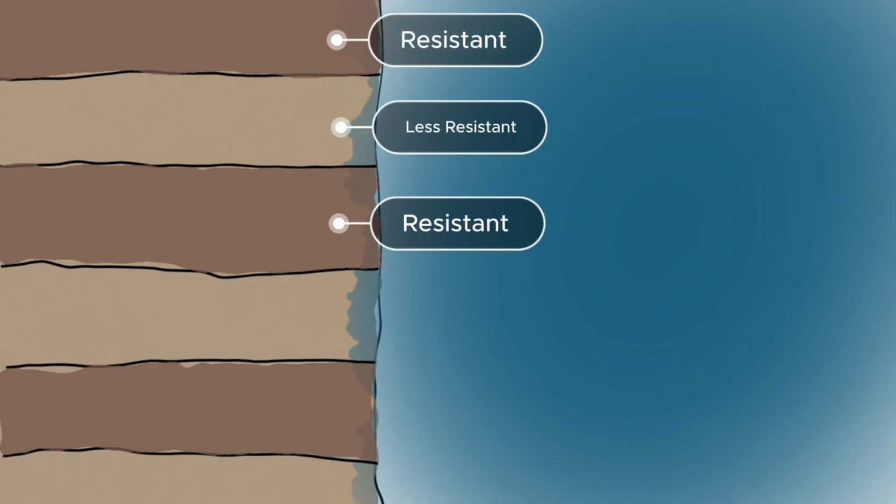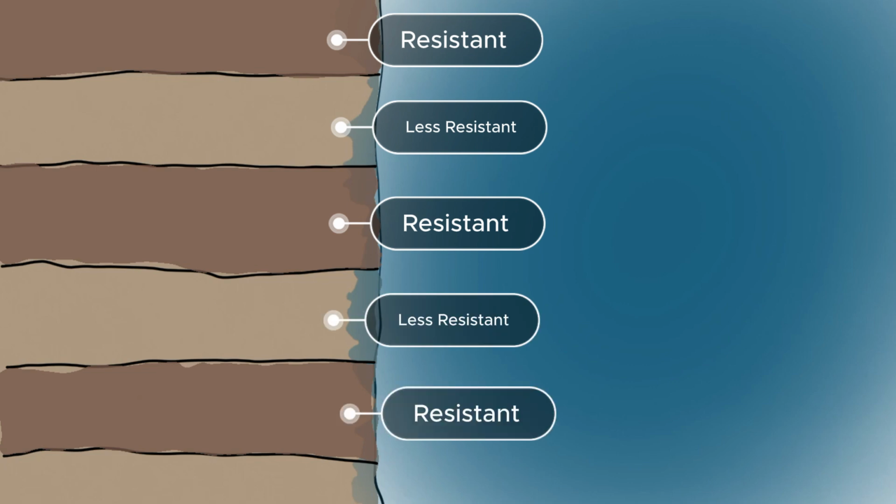Let's look at the formation of headlands and bays. Now, if we have a piece of coastline that lays next to the water, this coastline might have alternating bands of resistant or hard and less resistant or soft rock running perpendicular to the oncoming waves.